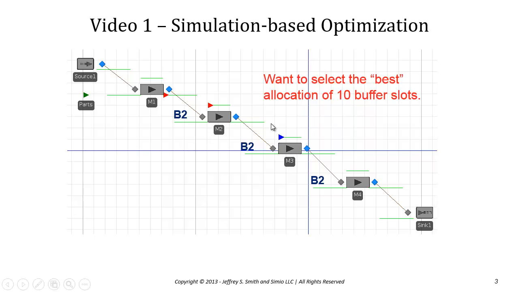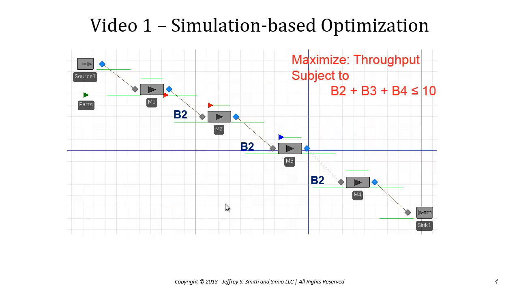Okay, so the first thing we had to do in order to define best was specify what our objective was. For this model, we define best using the throughput measure that we defined as our response. So the rate at which parts depart the system is defined as throughput, and our objective is to maximize that throughput.